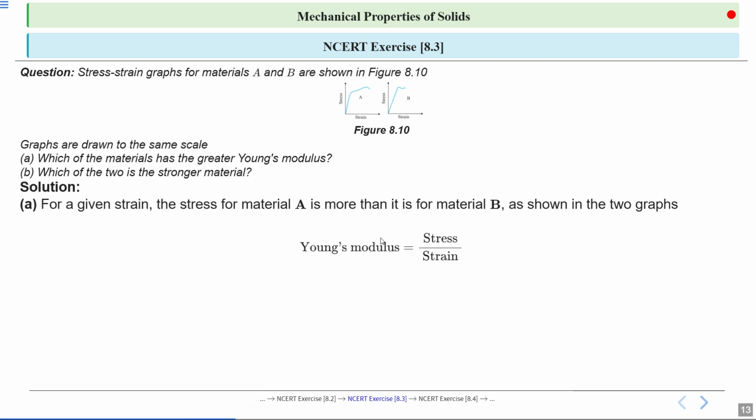So first let's focus on part A of the question. For a given strain, we see that the stress value for material A is higher than for material B. Alright, so Young's modulus is defined as the ratio of stress to strain. So Young's modulus is equal to stress divided by strain.